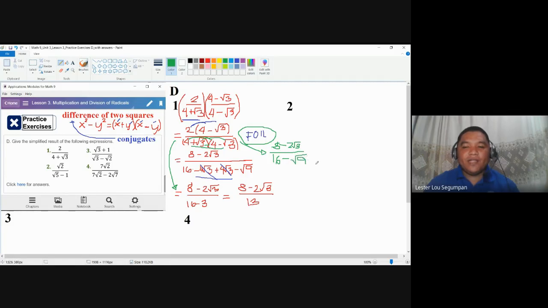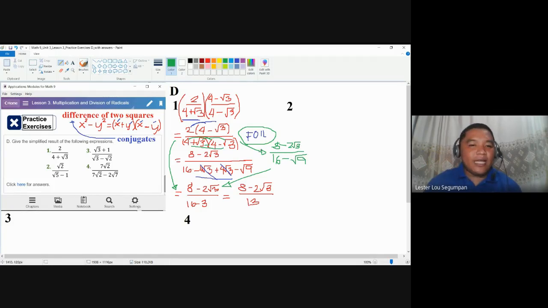We have a difference of two squares, and then ultimately, it will return to this item here. So either way, they will have the same result. The FOIL method will take a longer period of time because you are going to multiply four different pairs of terms. But if you use the difference of two squares, just by examining the conjugates, you can simply square the first term, square the last term, and use the operation of subtraction.